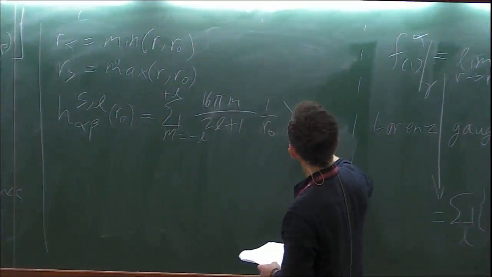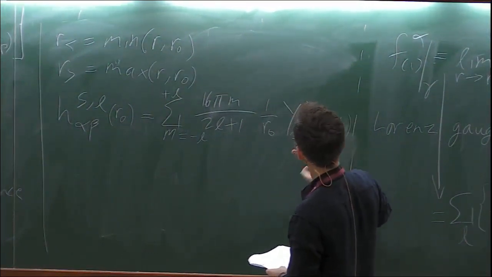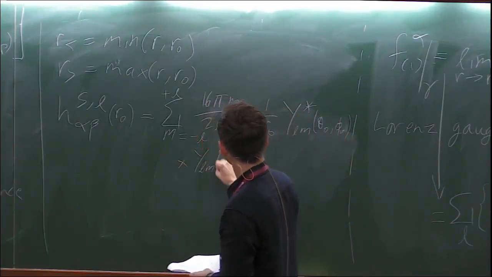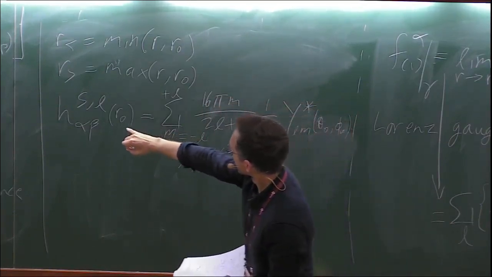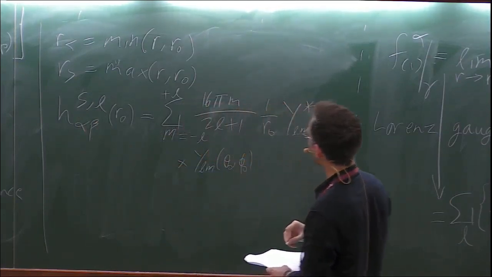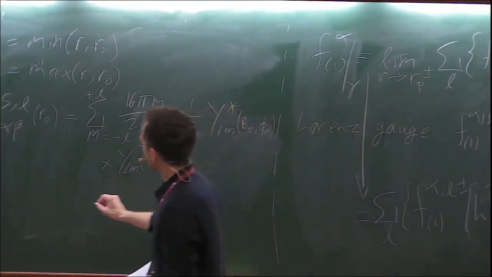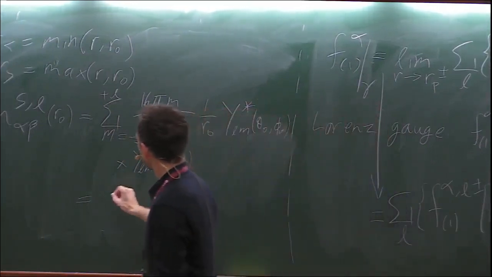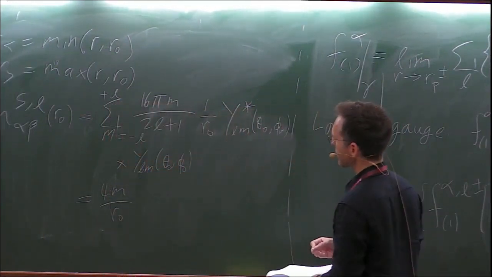And we've got Y_lm star of theta naught phi naught times Y_lm of theta phi. This l mode here is defined where you're evaluating on the particle. So now the sum over m here can actually be written as a sum over Legendre polynomials.